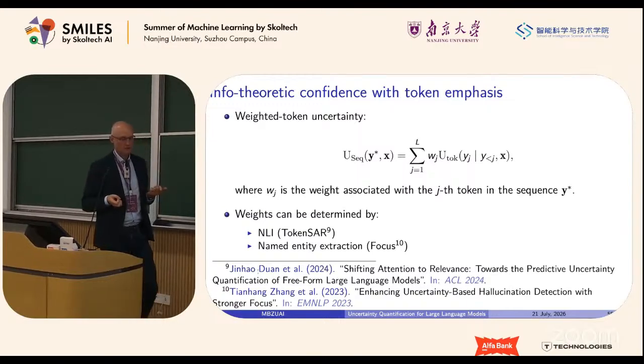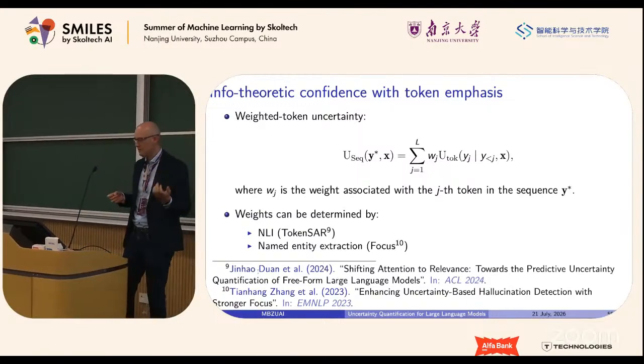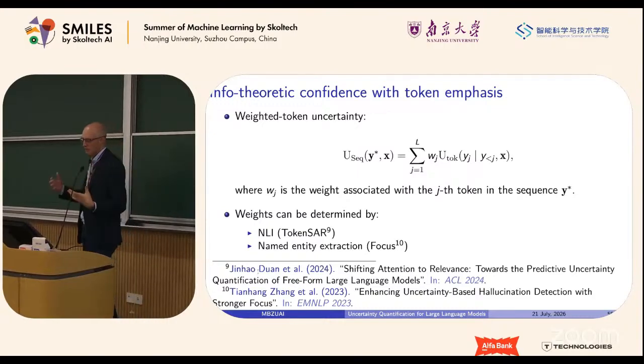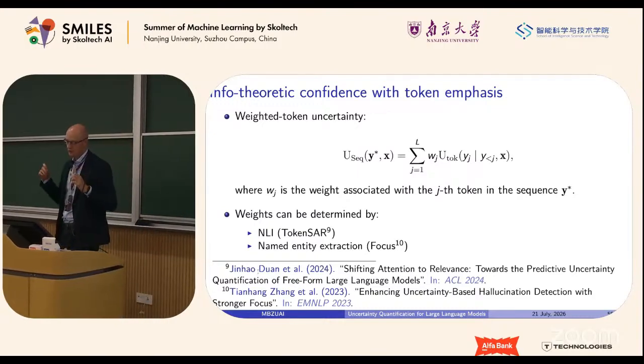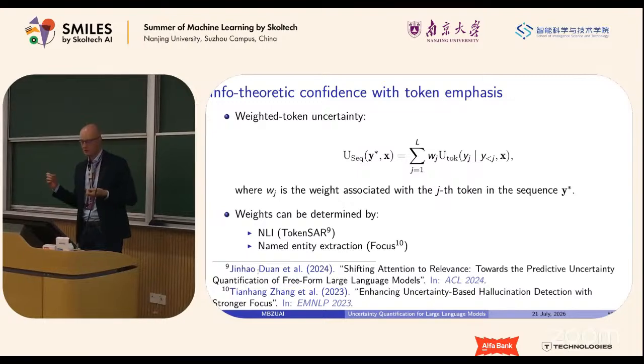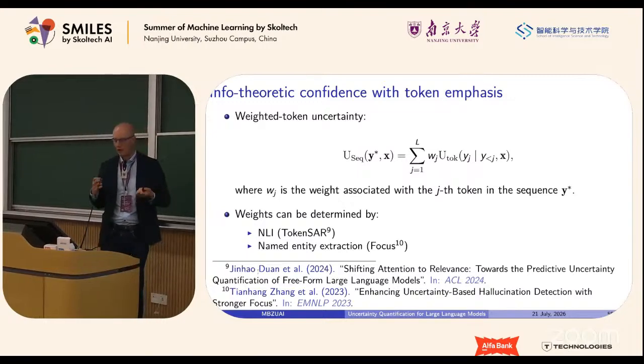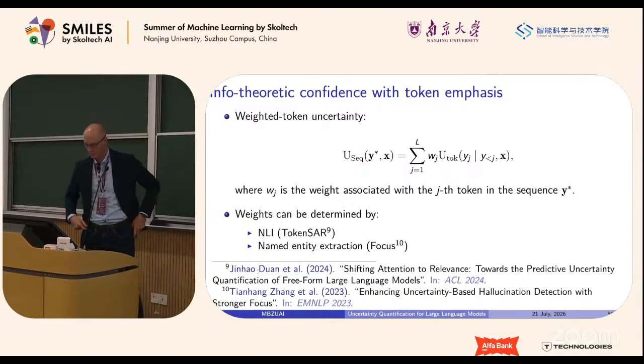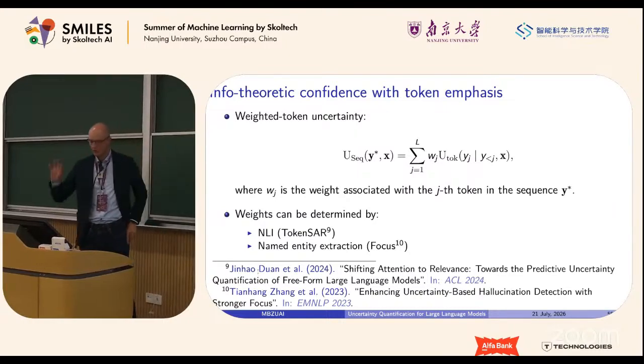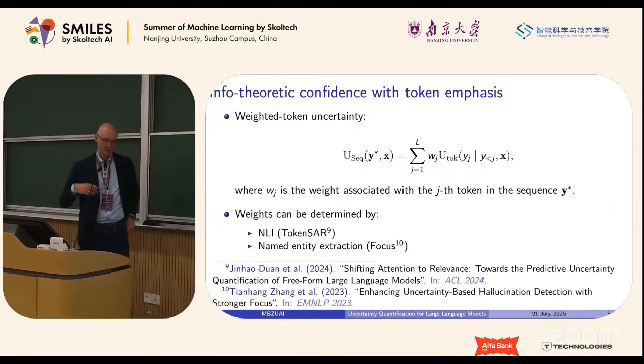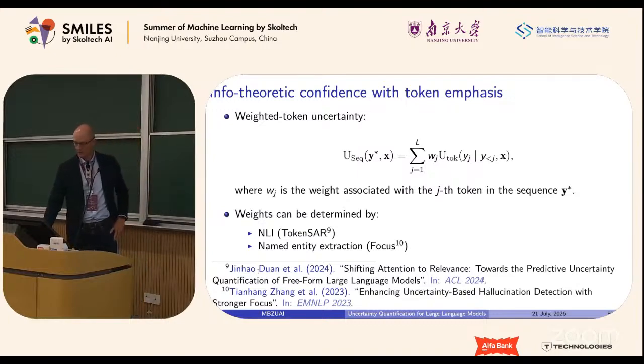Another option would be to use some named entity extraction. But in general, the whole idea of this approach is to assign certain weights to the tokens depending on how important they are for the meaning of the sequence. And usually this adjustment gives you some improvements in your final performance metrics.